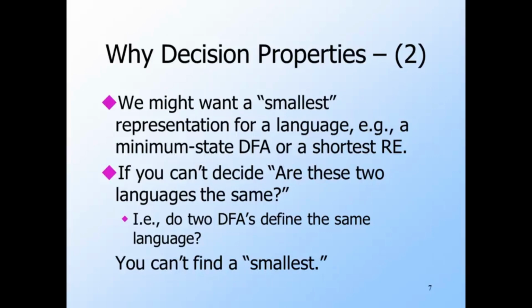It turns out that we can tell whether two DFAs are equivalent, that is, whether they define the same language. That lets us find a minimum state DFA equivalent to any given DFA. Again, we could do none of this for programs in general. We can't tell whether two programs do the same thing, and we can't find a smallest equivalent for a given program, even though we know in principle that one must exist.